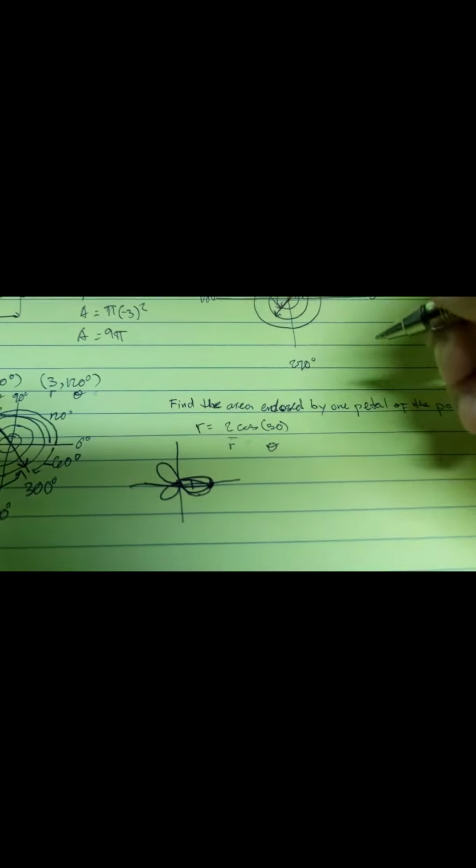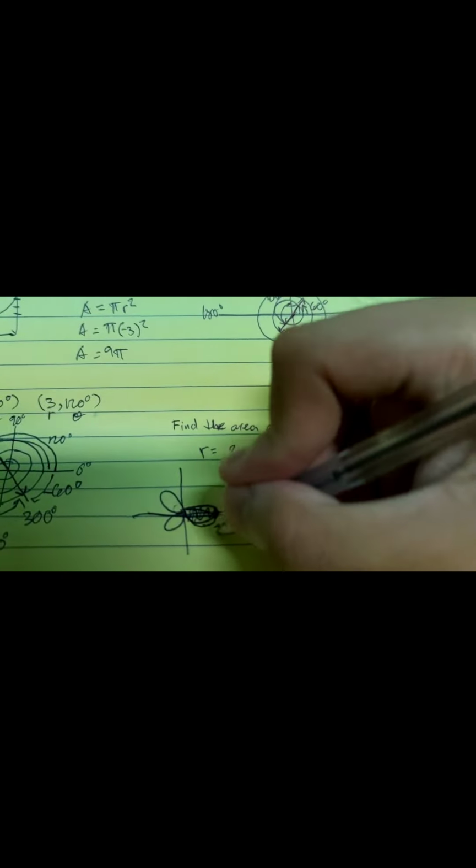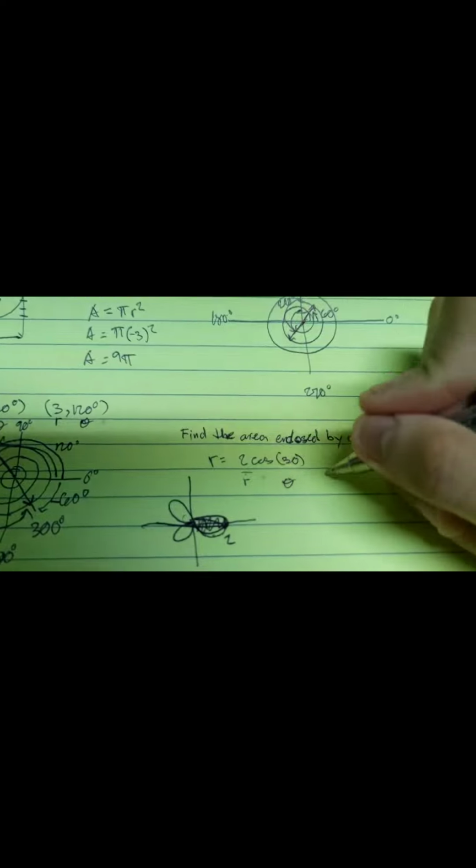What we're going to find is the area enclosed by one petal, so this area only. Our formula for this will be the area equals the integral from alpha to beta of 1/2 r squared d theta.